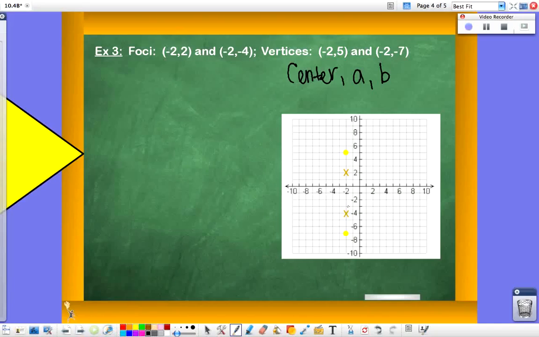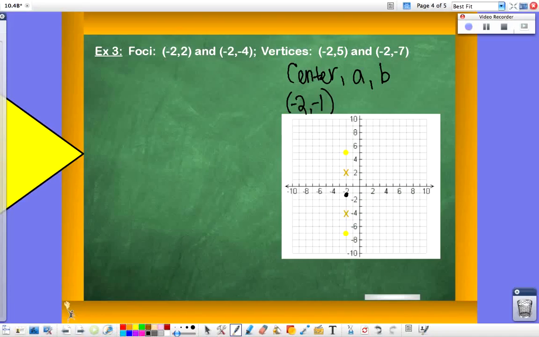How far apart are these foci? Well, they're 1, 2, 3, 4, 5, 6 units apart, which means that my center is in the middle of that. So the center will be 3 units away from each of the foci. So my center is at negative 2, negative 1.